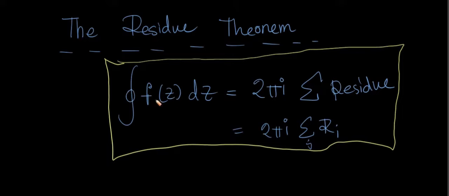It says that if you have a function defined in some region, and you want to evaluate the integration of this function along some contour, and inside that contour there are some singularities, that means points that are singular, then this will be just 2 pi i times the summation of the residues.